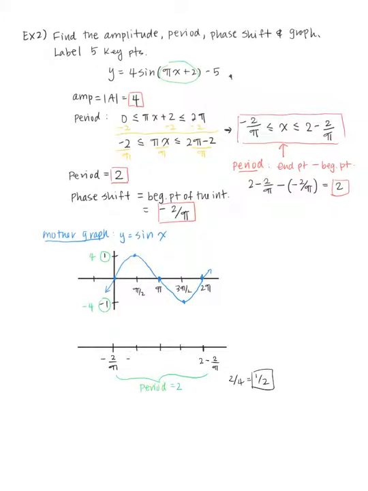So ready? This point is going to be negative 2 over pi plus 1/2. And this point is going to be negative 2 over pi plus 1/2 plus 1/2, so that will be 1. And this point right here is going to be negative 2 over pi plus 1 plus 1/2, which will be plus 3/2.